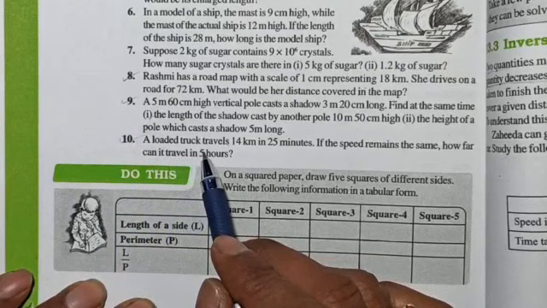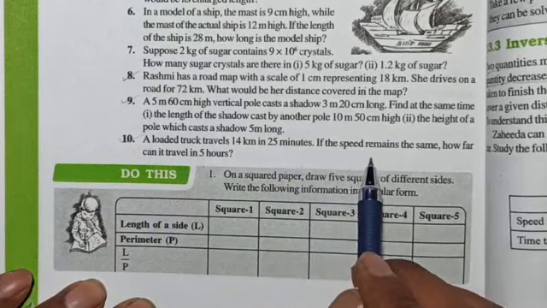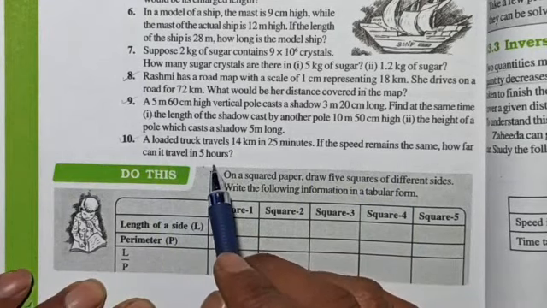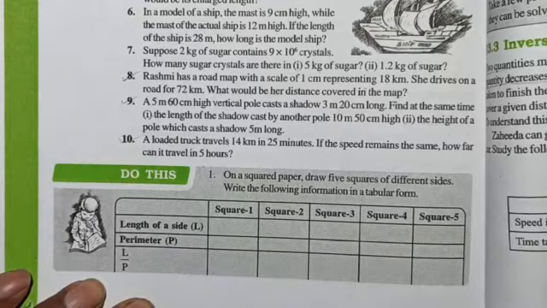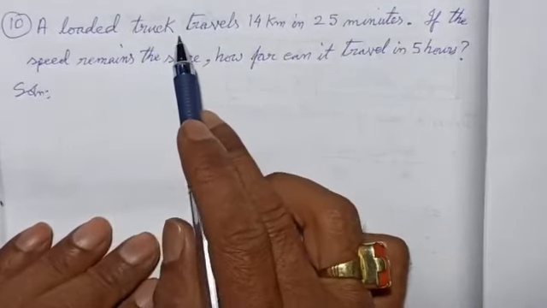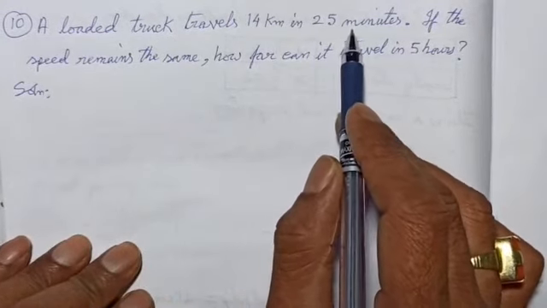A loaded truck travels 14 km in 25 minutes. If the speed remains the same, how far can it travel in 5 hours? Okay, now let's try this question. Here the question says that a loaded truck can travel 14 km in 25 minutes.